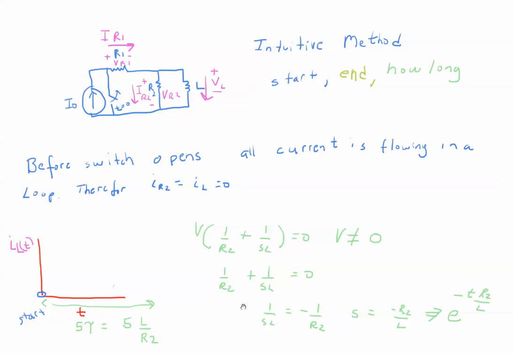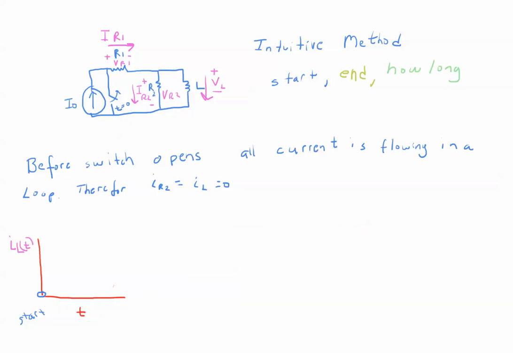So we get rid of it. Then we solve for S, which happens to be minus R2 over L, which means the decaying exponential will be e to the minus t R2 over L. That's not very formal, it's a quick and dirty way to look at it, but it's probably the fastest way to solve the problem.